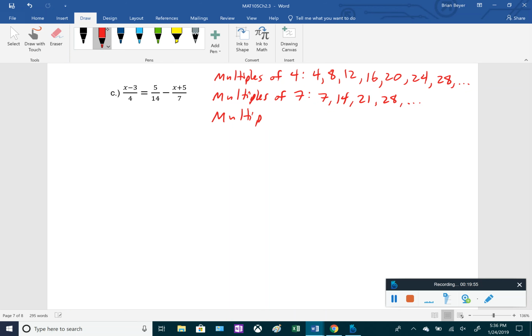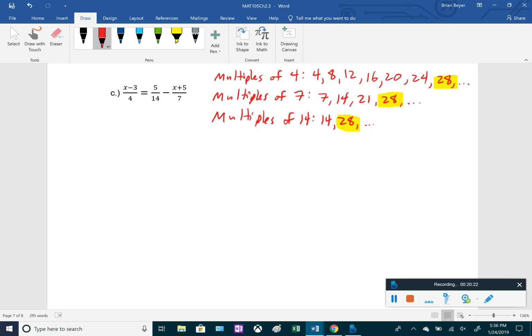And the multiples of 14 are 14, 28, and so on. So you just keep on repeatedly adding the number to itself over and over again, starting with the number. Okay, so now what we do is we look for the smallest one that they all have in common. The smallest one they have in common is going to be 28.